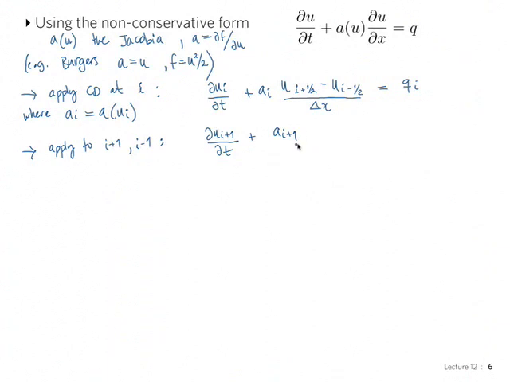The midpoints are for this one u_(i+3/2) and u_(i+1/2). And now for u_(i-1), we have the Jacobian at i minus 1, and the midpoints in this case are u_(i-1/2) and u_(i-3/2).